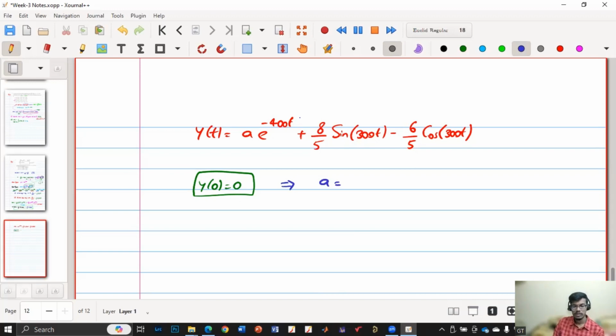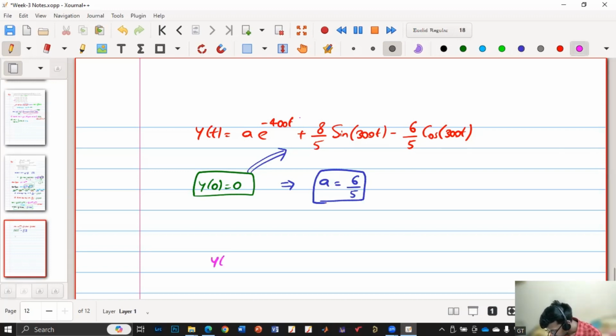Sine will be 0, cos will be 1, e to the power will be 1. A equals 6 by 5, right? Now what will be my final y of t?